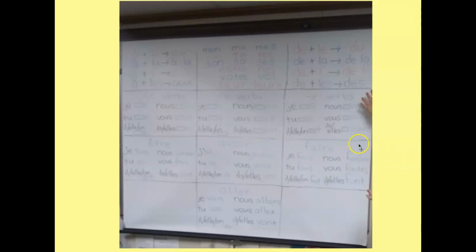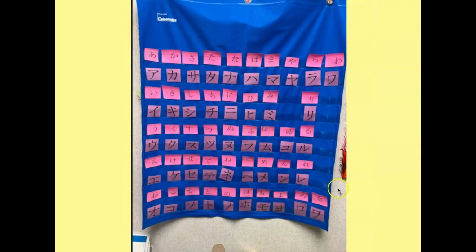And then I have another one with the Spanish conjugations. When I pull that up, I have all French information on the back of that, all our learning targets and stuff like that. And then here's a scene of my Japanese wall. This one I just use pockets, and the students can come and we reorder all the hiragana and katakana until they've got it. But at any rate, I don't have much real estate.